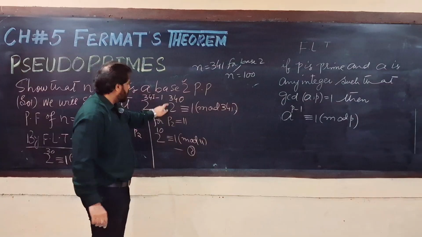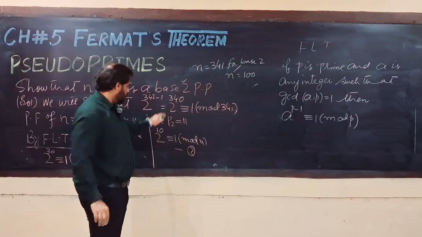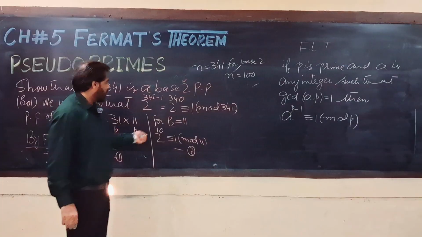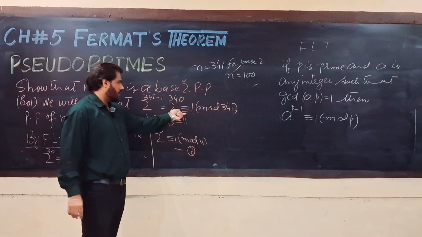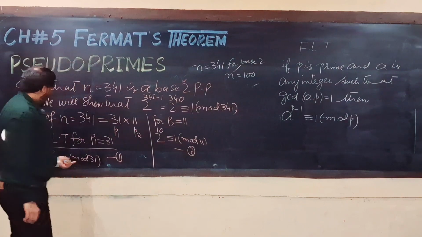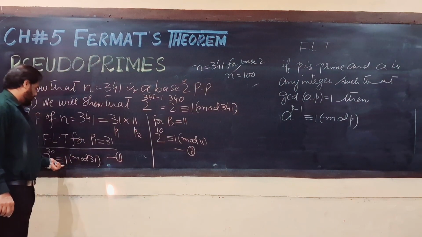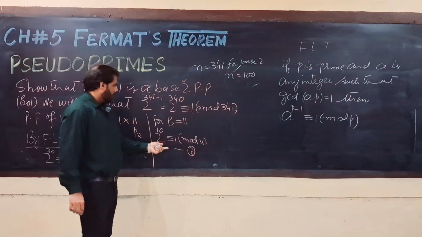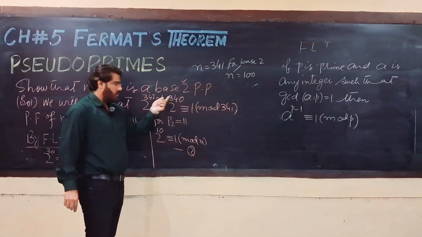So I will consider 2 raised to power 340 and use both of these congruences, and I will show that 2 raised to power 340 is congruent to 1 modulo 341. Firstly I use 2 raised to power 10 and I make 2 raised to power 340 here.